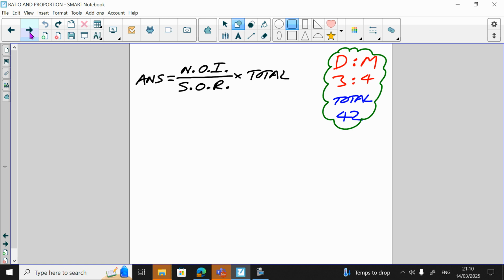That's okay. Right, so the number of interest, what are we interested in? It was dark. Okay, we were interested in that, so that's why we've got a 3 there. And sum of the ratio, that's a 3 and 4. That's why we'll get that there.